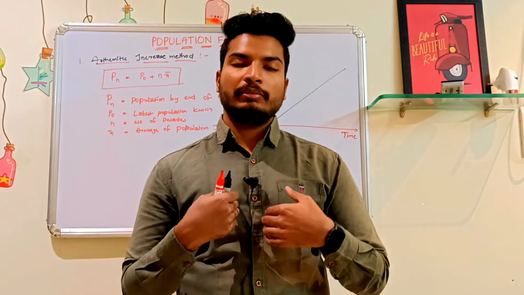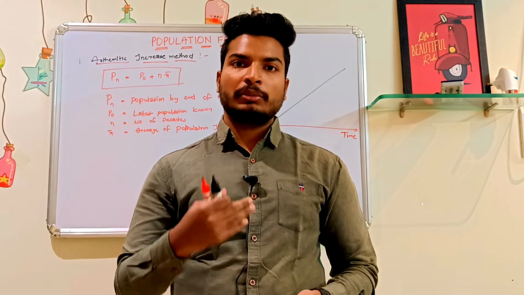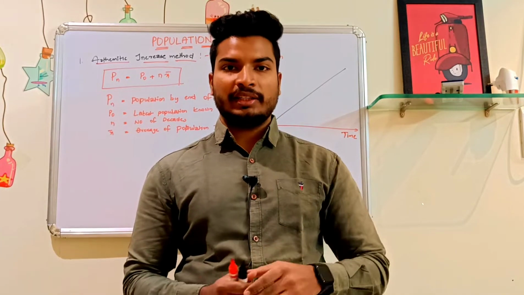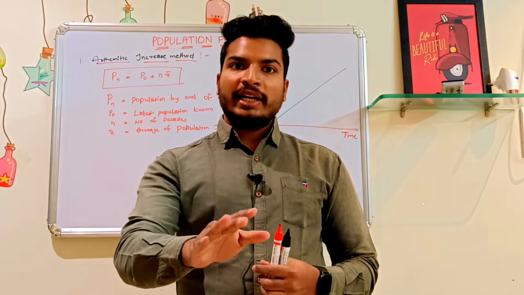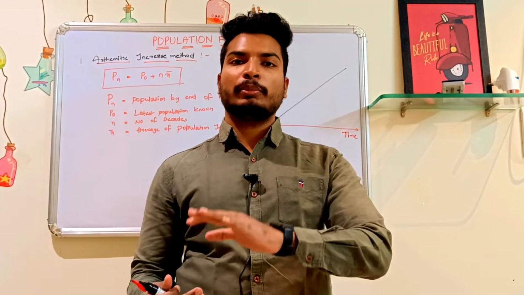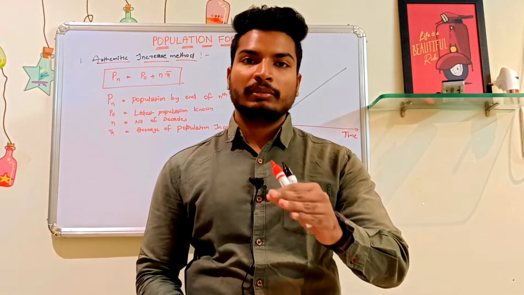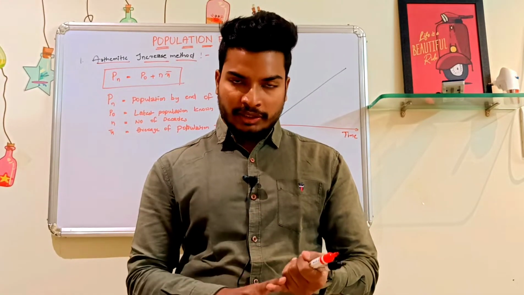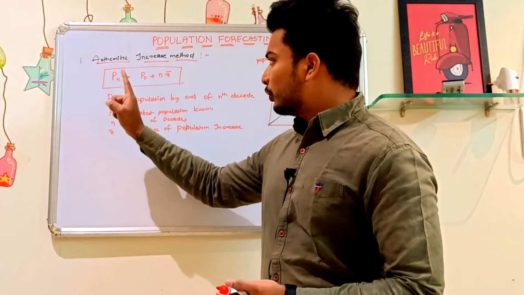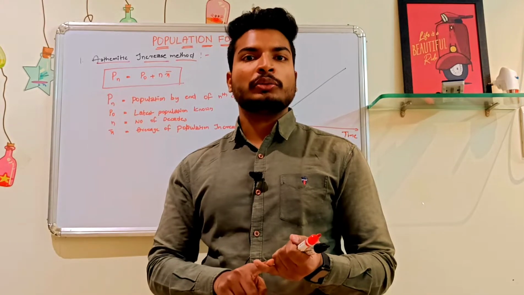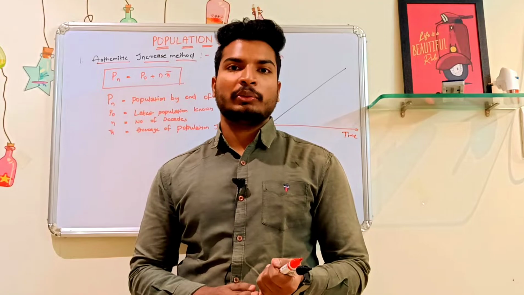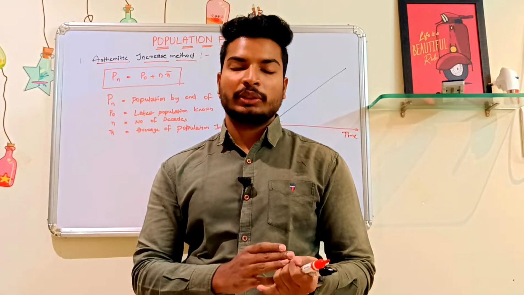So for example, if I know the population of 2021 and I am designing my distribution system for 30 years, I need to know the population of the city by the end of the design period. So by the end of 30 years, I need to know the population by the end of 2051. So Pn is the population in 2051 and P0 is the latest population known. The latest population census is 2021, that we know.